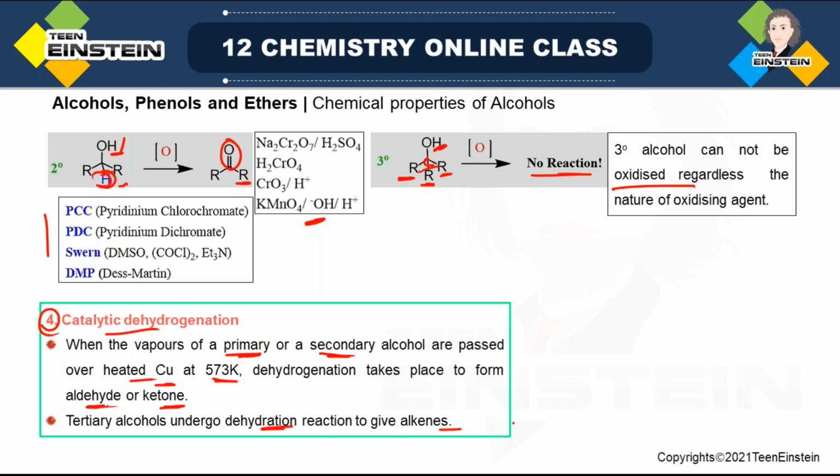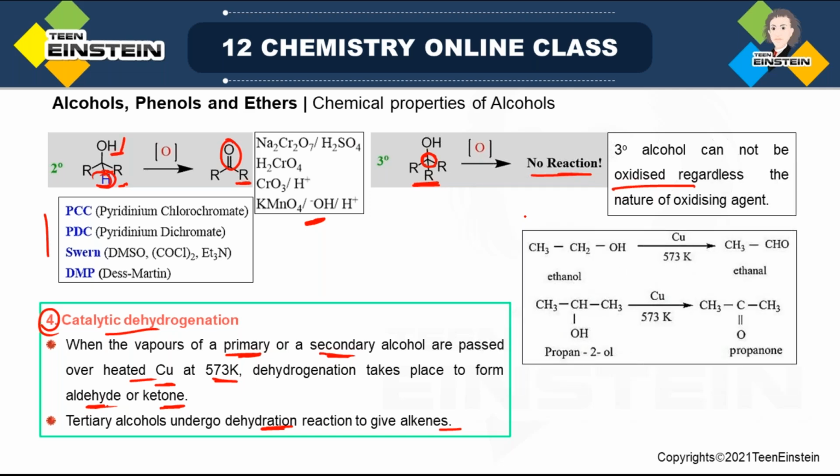Okay, so this type of reaction will take place because in tertiary alcohol, which is this one, we do not have any hydrogen attached to this carbon, so that is why dehydrogenation is not possible even when it is catalytic dehydrogenation. So in this case, what will happen? OH and another hydrogen with respect to this OH, which is at beta position, that will be removed, and ultimately we will get C-C double bond.